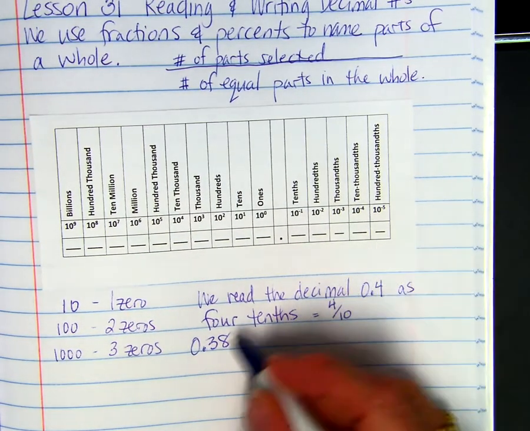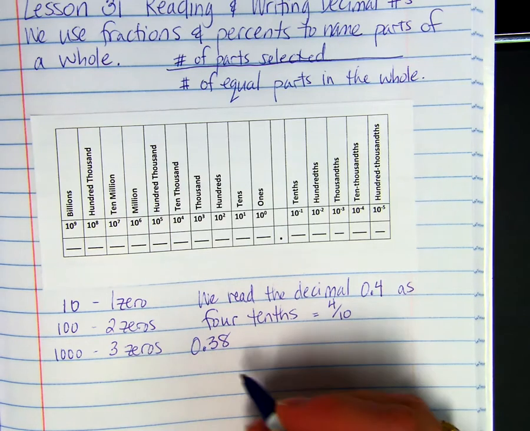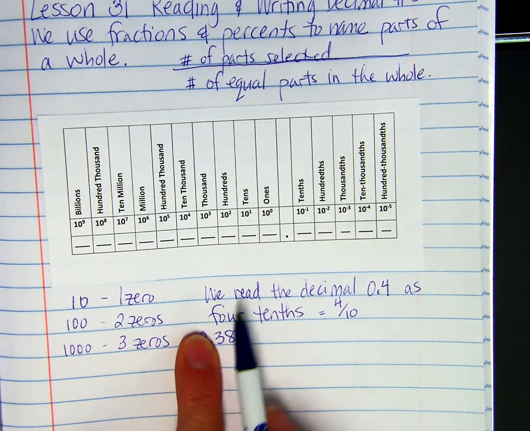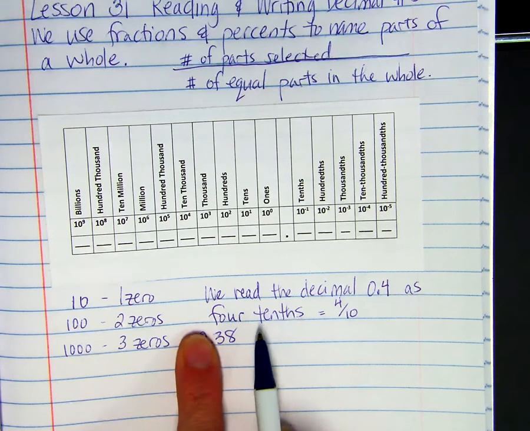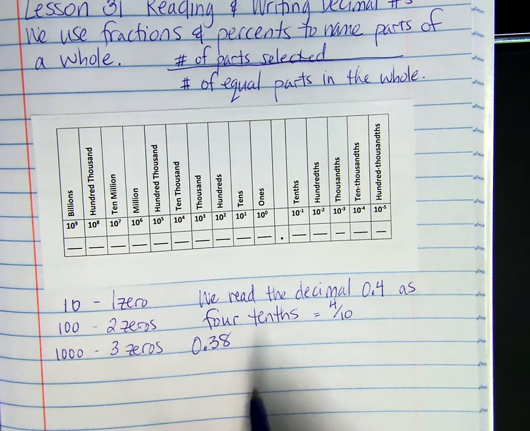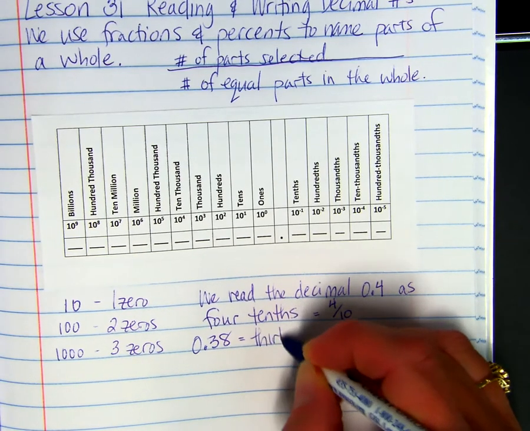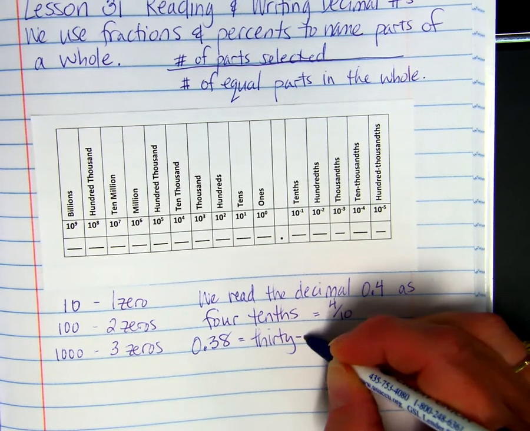So you read the number that you see. If you were to cover up the 0 and the decimal, this number is 38. So you would read 38, and remember your hyphen.